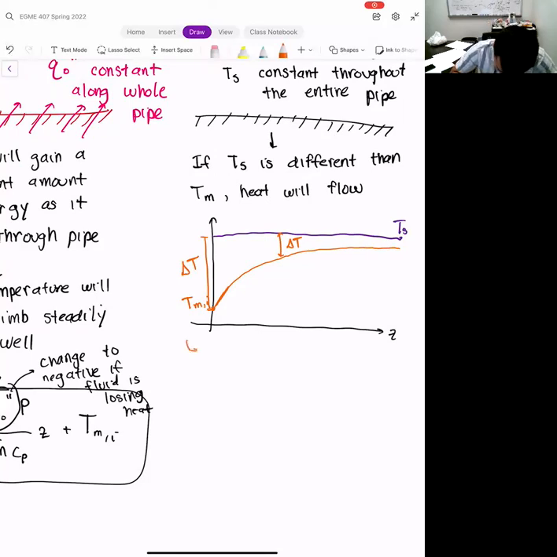So what we can say is that delta T shrinks along the length of the pipe, and therefore the heat transfer Q is going to shrink along the length of the pipe as well.